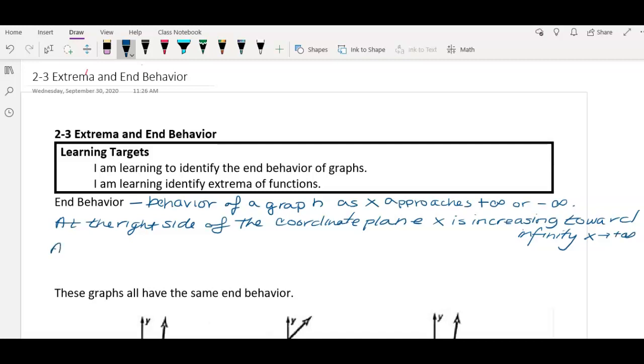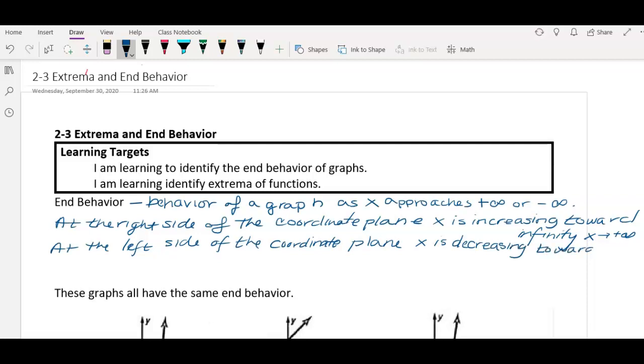But when we take a look at the left-hand side, so at the left side of the coordinate plane, x is actually decreasing toward negative infinity.